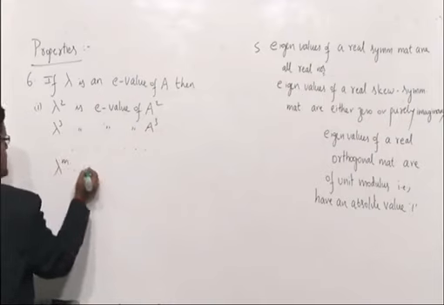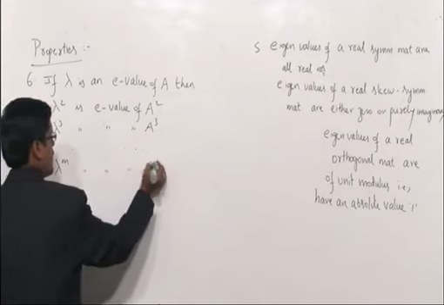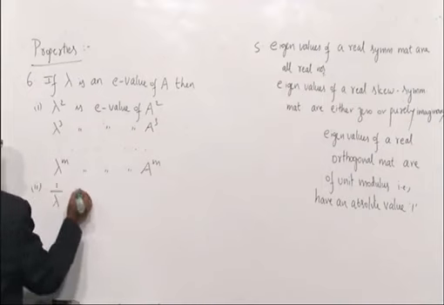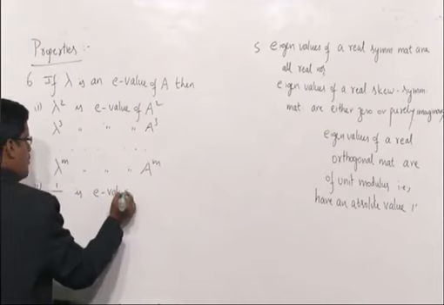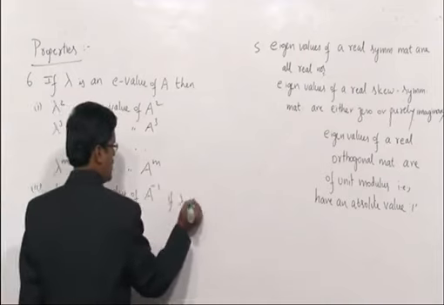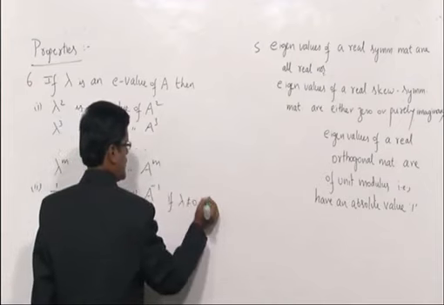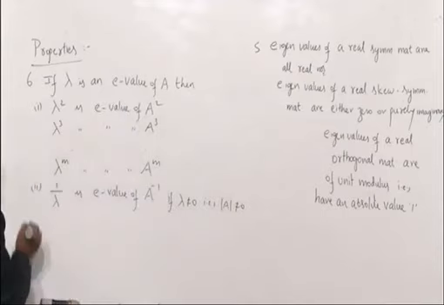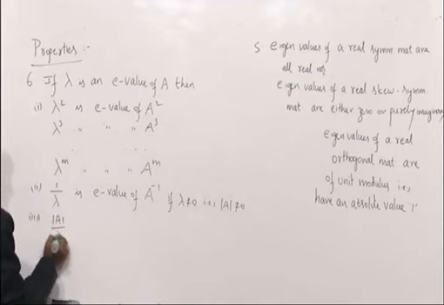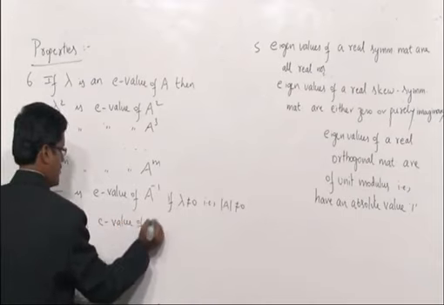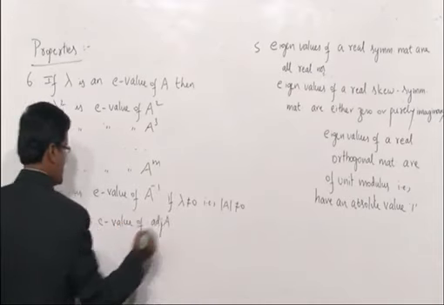Lambda power m is E value of A power m matrix. 2. 1 by lambda is E value of the matrix inverse if lambda not equal to 0, that is determinant A not equal to 0. 3. Determinant A by lambda is E value of the matrix adjoint of the given matrix A.